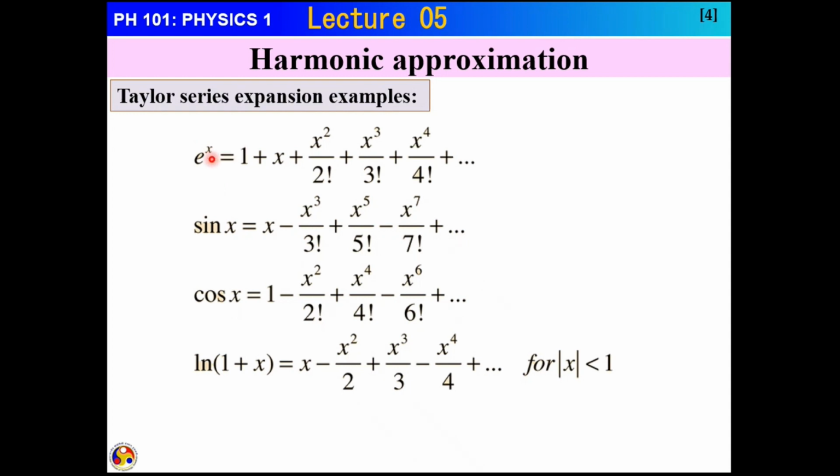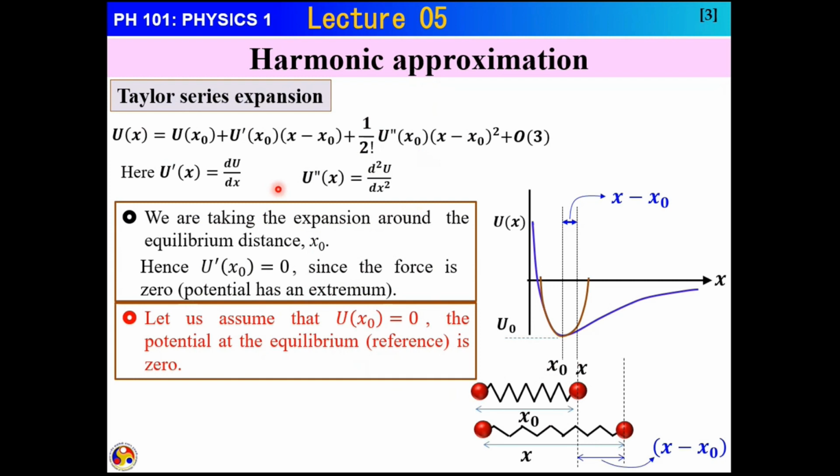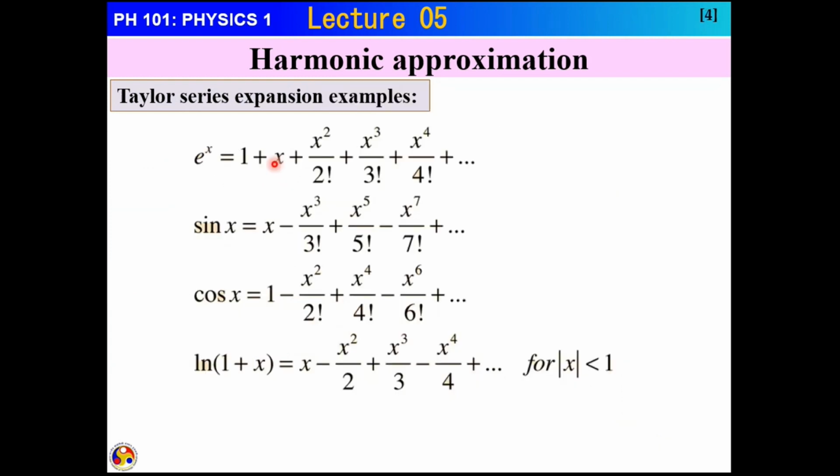Here you are expanding at x equal to 0. If you want to expand around x equal to a, then you can have a similar thing, where you have to get the derivative at that point, and x minus a, and so on. So this is the well-known Taylor series expansion.